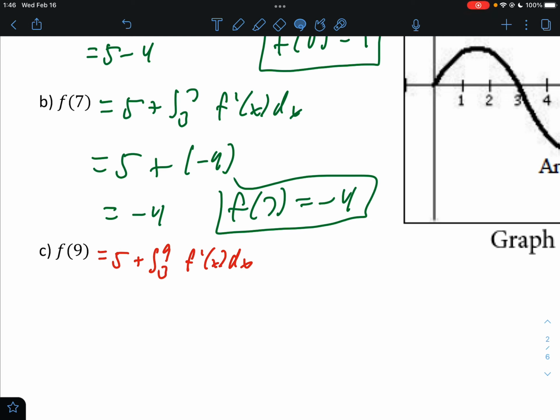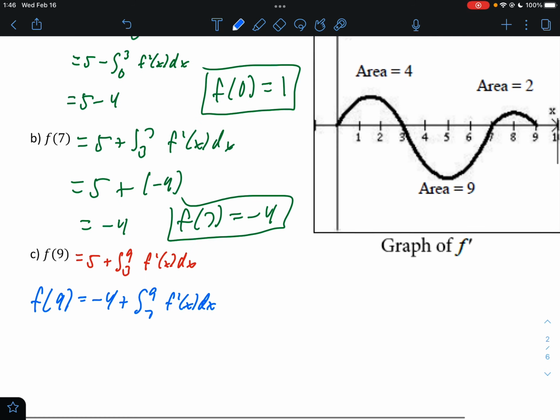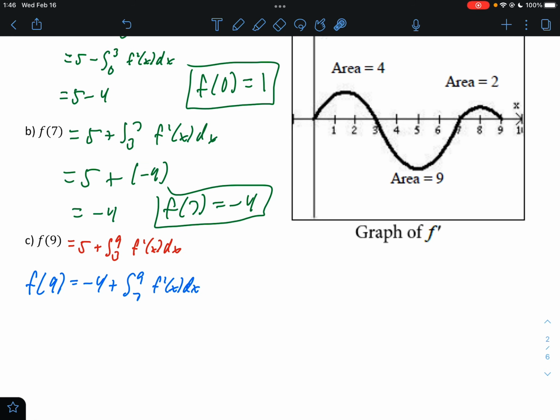Because we have an xy coordinate closer to 9 than 3, a better way to do this would actually be f of 9 equals f of 7, which is negative 4, plus the integral from 7 to 9 of f prime of x dx. Now, both answers will get us the same thing in the end, but if we do it in the blue method there, we only got to look at one area here, which is 2. So that'd be negative 4 plus 2. F of 9 must be negative 2.